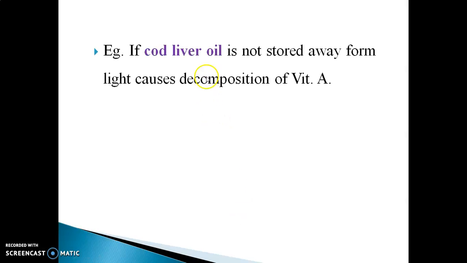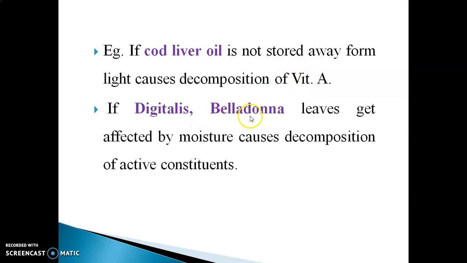For example, cod liver oil is not stored away from light, because decomposition of vitamin A will occur, and if digitalis and belladonna leaves get affected by moisture, it causes decomposition of active constituents.